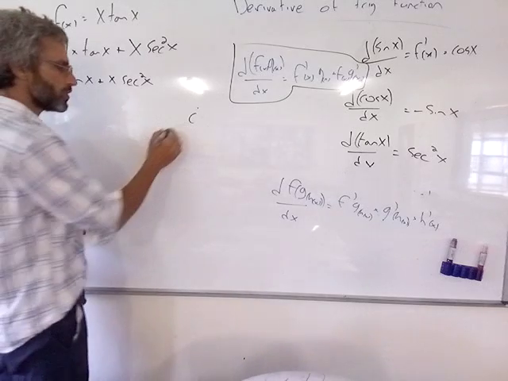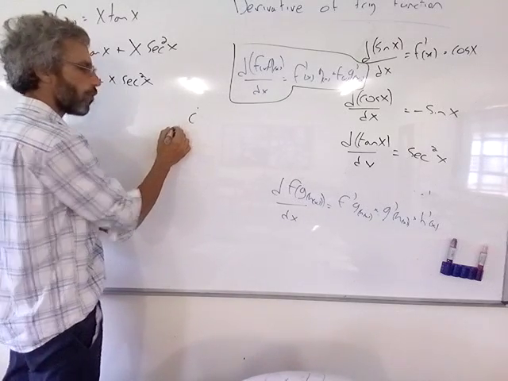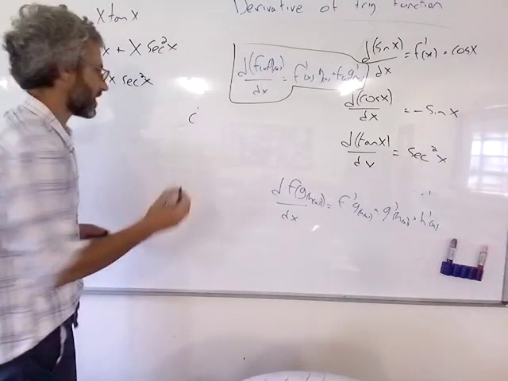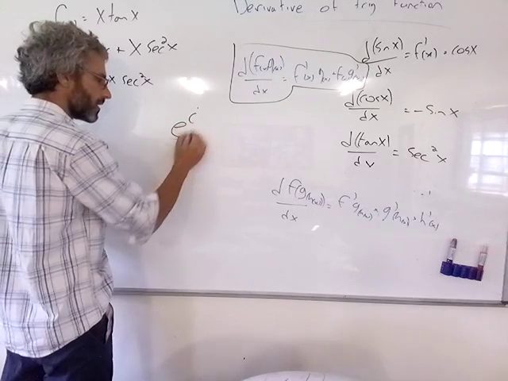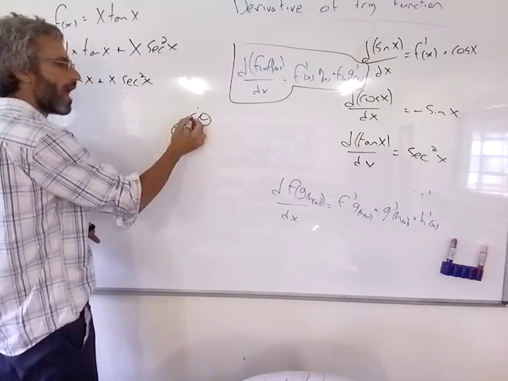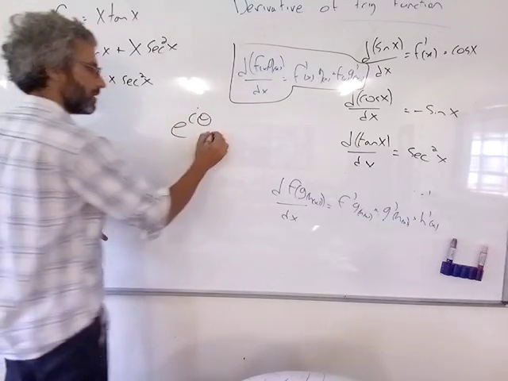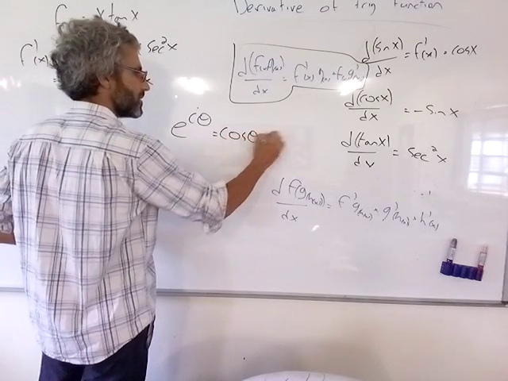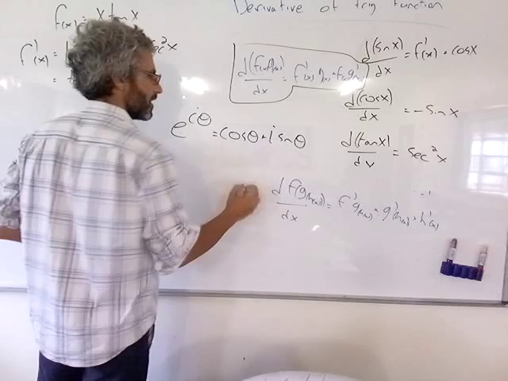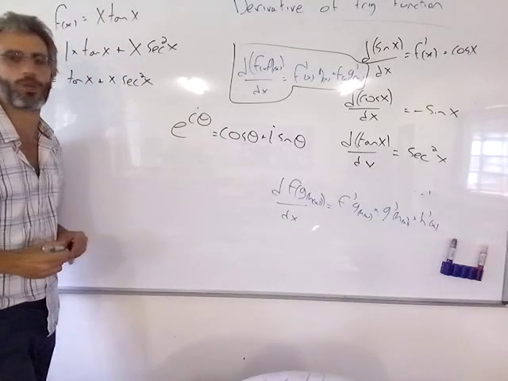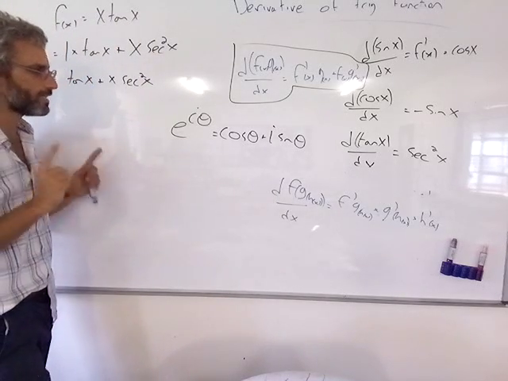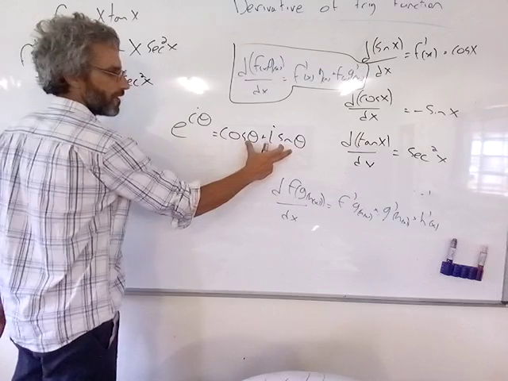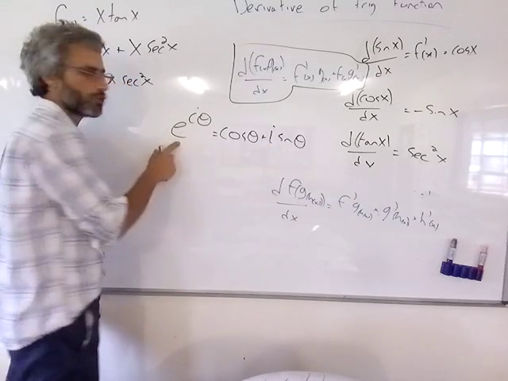The reason we use it so much is that there is a formula that I haven't really discussed, but I'm going to quickly show it here. e to the power of i theta is cosine theta plus i sine theta. That's called Euler's formula. We're not going to use it here, but it connects a trig function to an exponent.